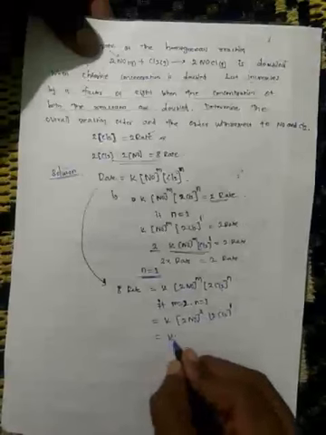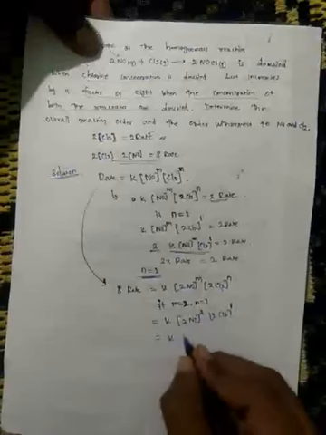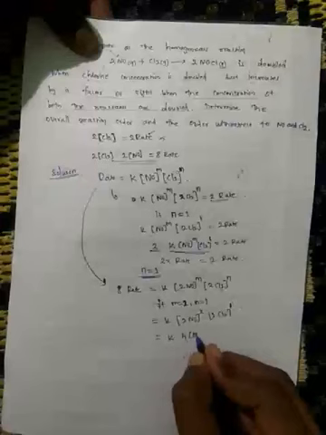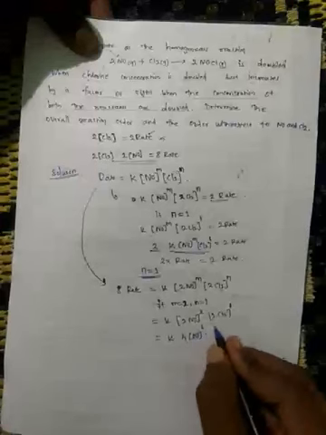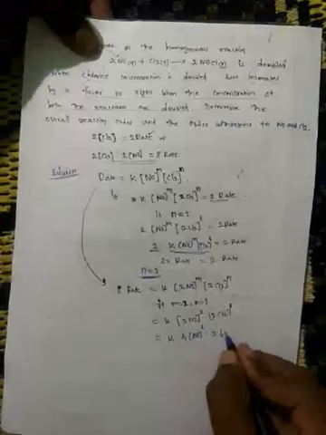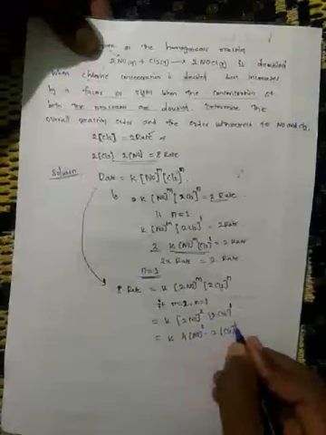This is K times 2 square 4 concentration of NO power 2, and this is 2 power 1, 2, chlorine power 1.